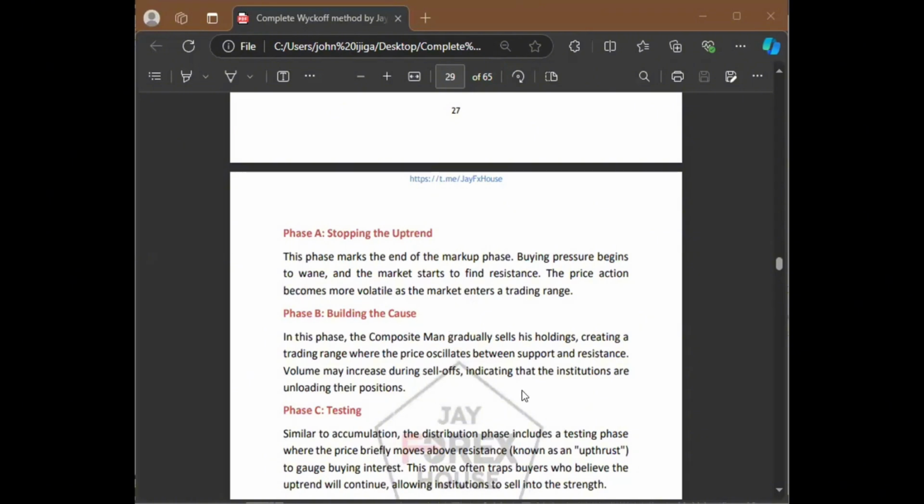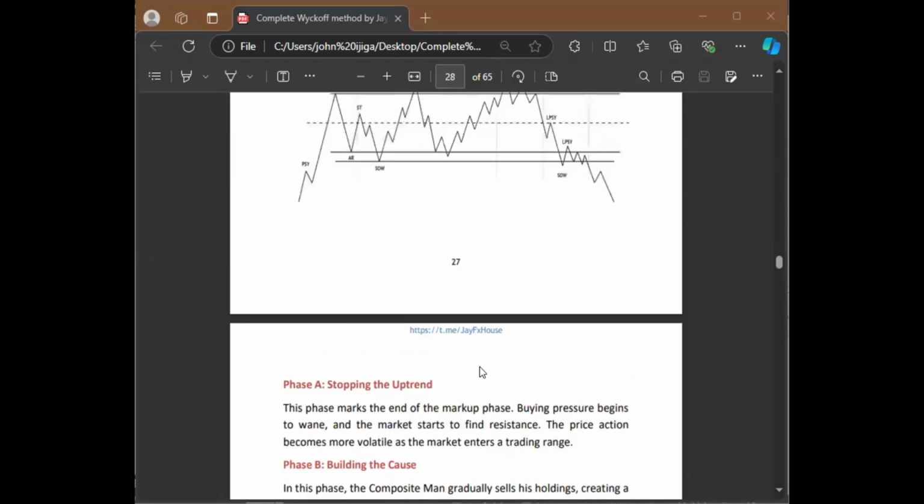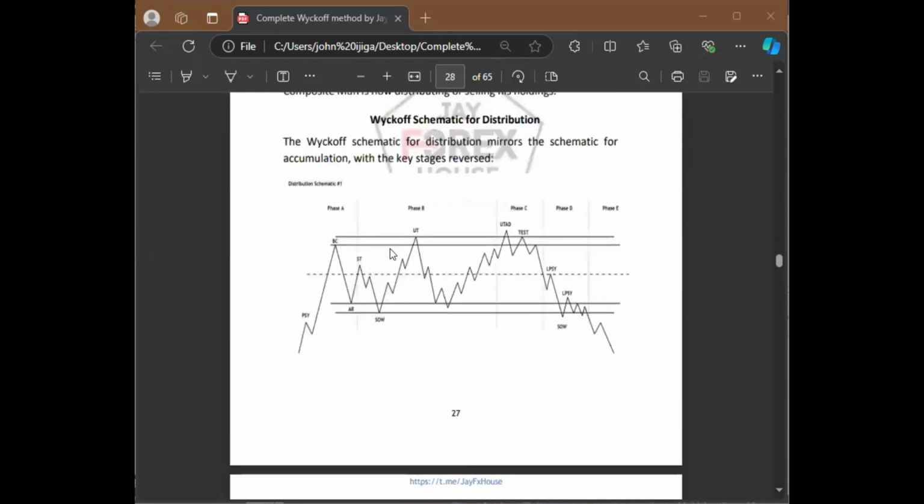So the institutions gradually start to accumulate price within this phase B, where you find them creating highs and lows, giving you insight into the support and resistance of this entire schematic that is forming. So phase B is more of the manipulative period. You see highs get cleared out, lows get cleared out, highs get cleared out again, lows still get cleared out.